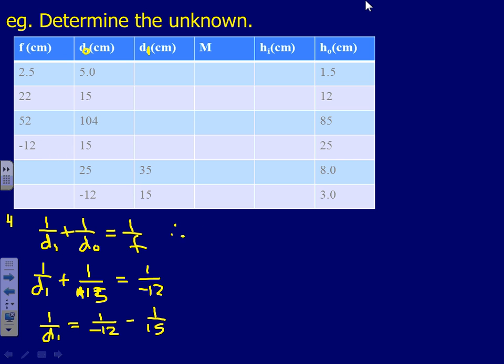Again, we should be able to go to di using the inverse buttons. Negative 12, inverse, minus 15. You do have a negative button. It'll look like this, plus slash minus. And the way you'll normally put it in, it depends on your calculator. You'll either press it first and then with 12.